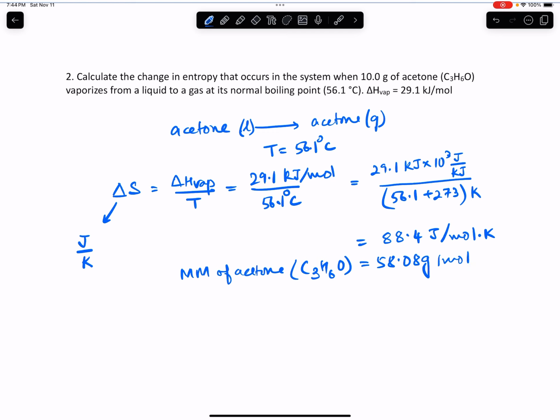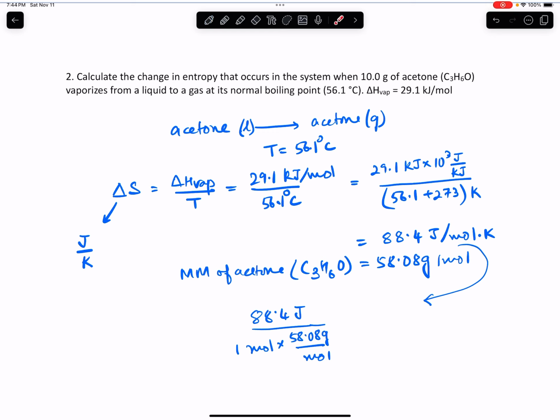Factoring that in, this entire thing becomes 88.4 joules per mole, and remember, we're going to change this mole into grams. So we do 1 mole times 58.08 grams over moles. See, it changes into grams.